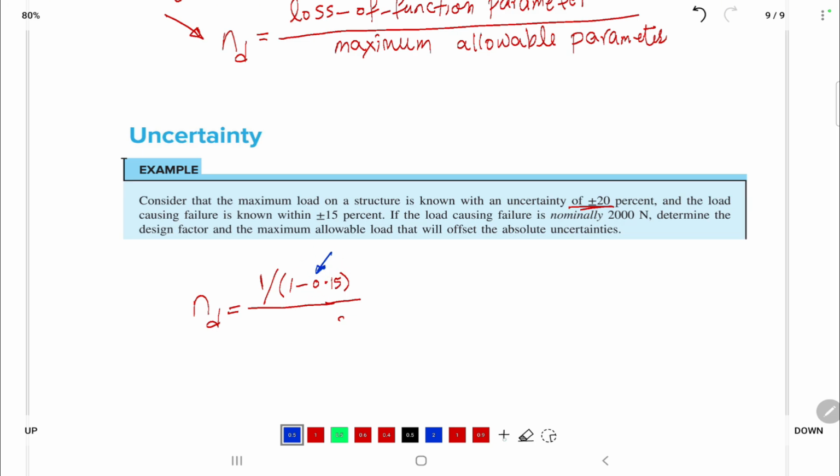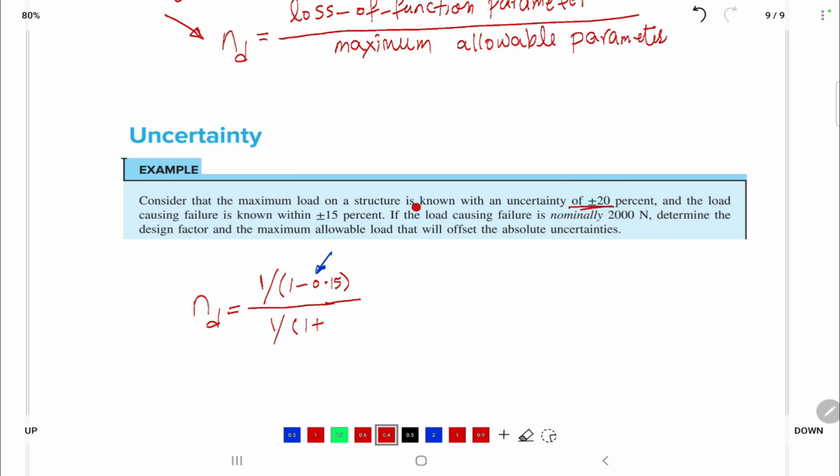So n sub d is 1 over the load causing failure known within 15%, so 1 over 1 minus 0.15, over 1 plus the uncertainty.